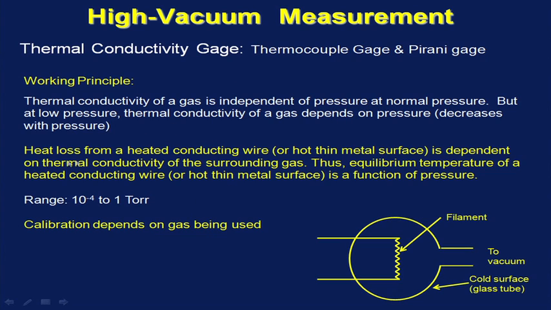We know heat loss from a heated conducting wire or a hot thin metal surface is dependent on thermal conductivity of the surrounding gas. Let us say we have a glass enclosure connected to the pressure source and we have a heated filament here, or you can also consider it to be a thin metal surface.